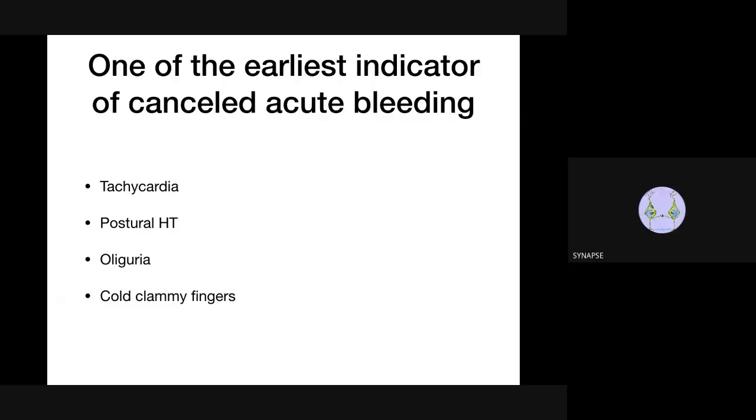Yes, tachycardia is the earliest. Oliguria will also occur. Cold clammy fingers will also occur. But the first one to occur is going to be tachycardia. As soon as there is activation of the sympathetic system, you see tachycardia. So tachycardia is one of the earliest indicators of hypovolemic shock.